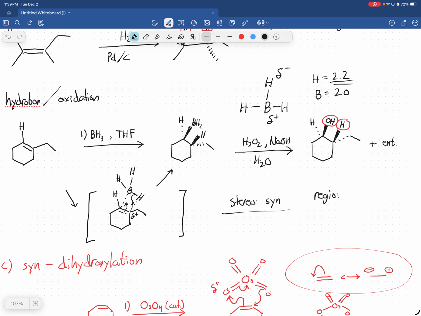All right, remember, what does Markovnikov say? Which side do we add? If we had an electrophile, we add to which side? Yeah, so the alcohol is added to the least substituted side, right? So the regio is anti-Markovnikov. Good.